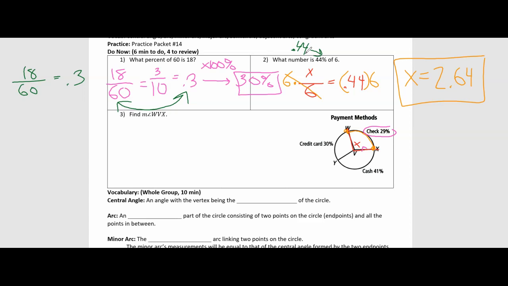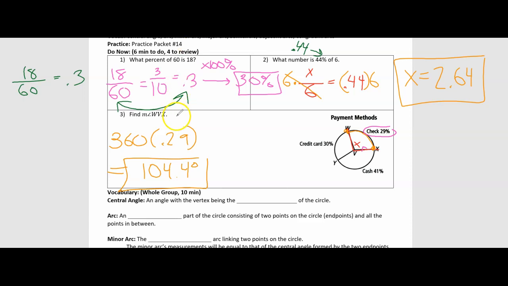That's all the degrees in the circle. So 360 times 0.29 is going to give me the value of that angle. This is going to be exactly equal to 104.4 degrees.